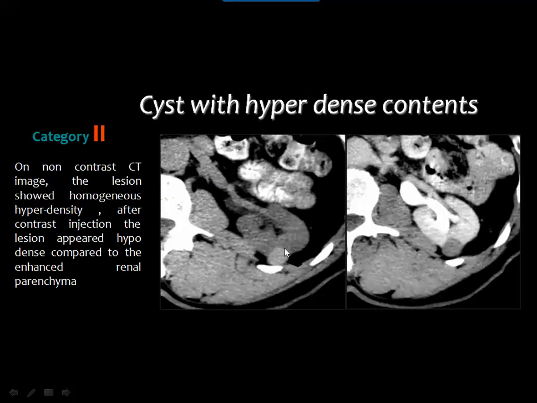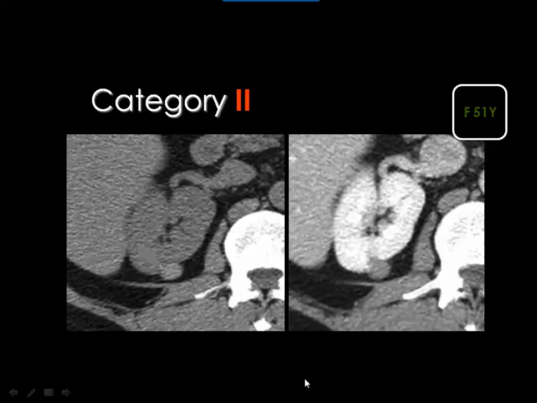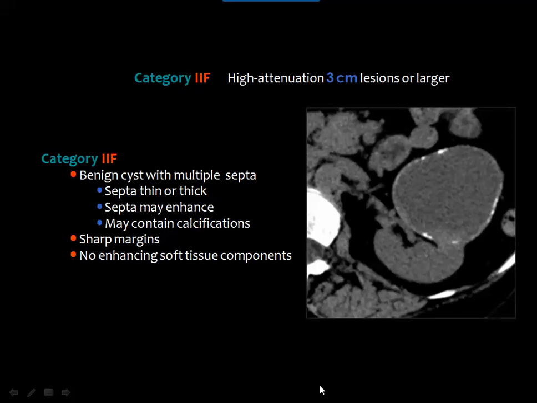And you see in the pre-contrast study, the cyst is dense, and in the post-contrast study, it will appear hypodense because it is compared to the enhancing renal parenchyma, and this is category number 2, provided that the cyst is smaller than 3 centimeters. And this is an example of a hyperdense cyst, category number 2, a small cyst with hyperdense contents in the pre-contrast scans.